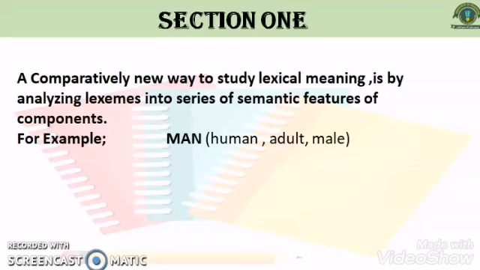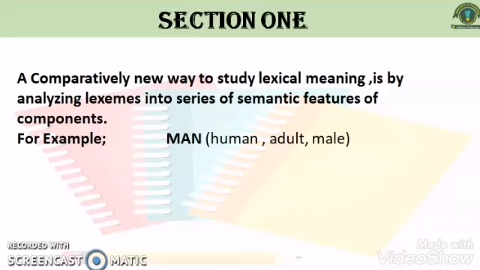And how can we explain this with an example? The example given is man. If we observe its basic factors, there are three mentioned here: human, adult and male.